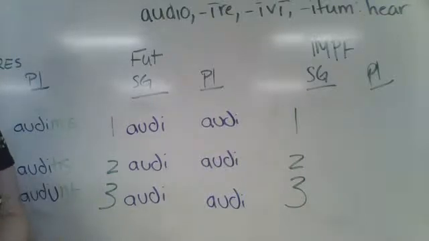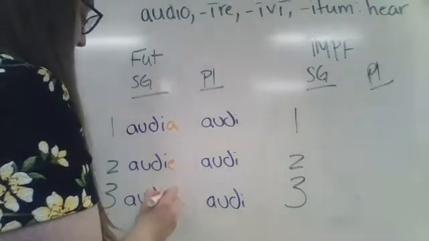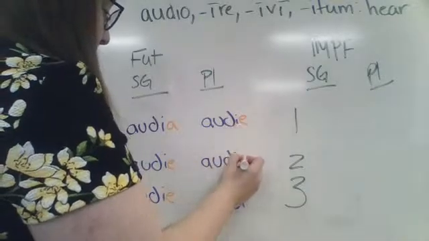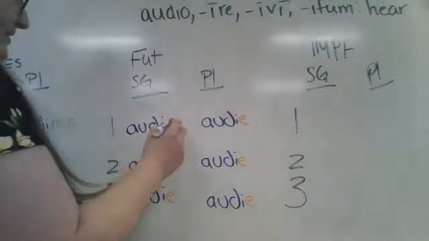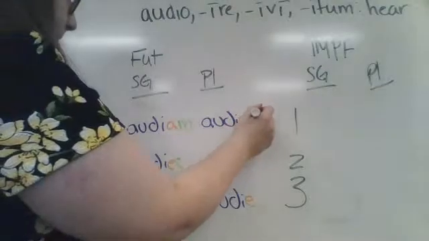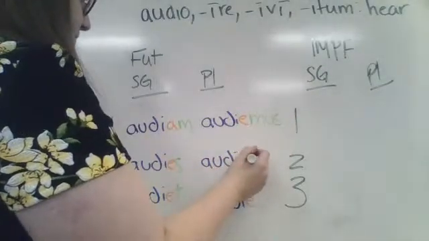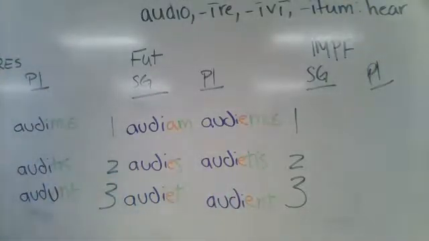Now, for first and second conjugation, we added both bo and bi. For future in fourth and third, A and E. So I'm going to add A and E. And then all we need to do is add our personal endings. And there you have future in the fourth conjugation.